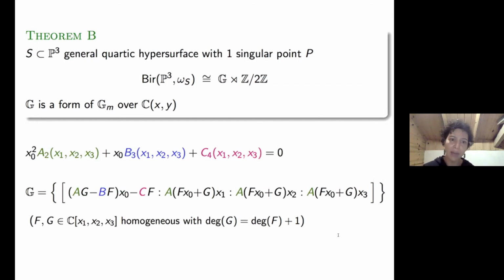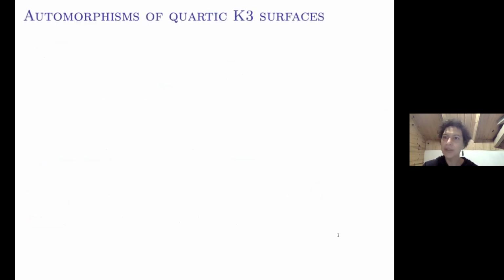Every element of G can be written explicitly in this form. And, of course, we can also write down what are the elements in the other coset. So we can write down explicitly what are all the elements in this group. Okay, so this is our theorem B.